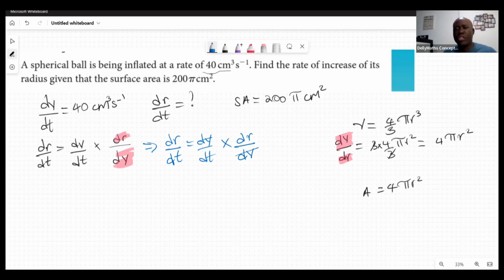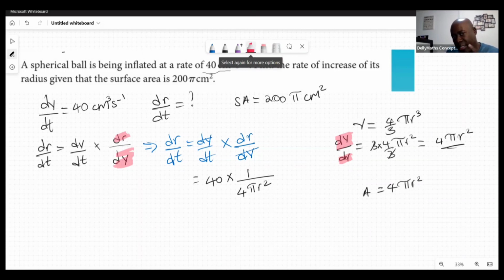All right. So then all we're gonna do here, let's plug it in. So this is gonna equal dv dt, which is what I have as 40. I'm gonna multiply this now by the reciprocal of this. So it's gonna be 1 over 4 pi r squared.